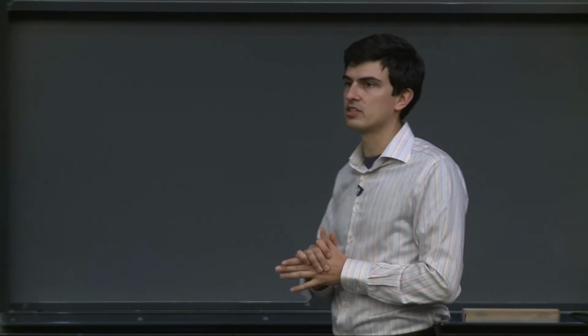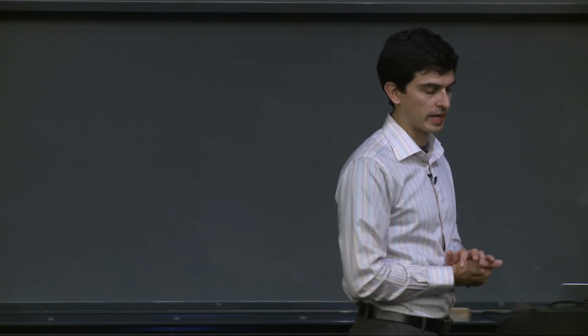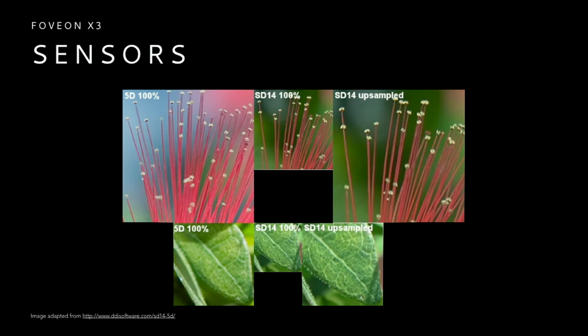This is now several years old, but is representative of the difference in resolution and the different problems that we might actually see between a camera that has a Foveon sensor and one that has a color filter array. So here are a variety of pictures. Look first at the far left. The far left is a Canon 5D, which is a full-frame camera.